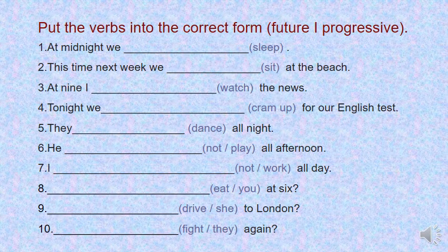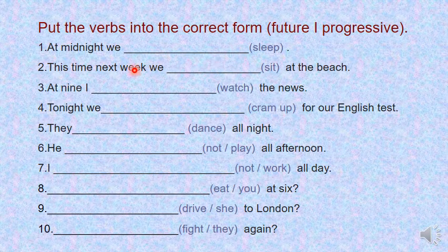Let's practice some sentences with the help of this exercise. Put the verbs into the correct form using future progressive formulas. You can see here in the parentheses verbs are given and we are going to use them according to the tense. Let's see sentence 1. At midnight we dash and the verb is sleep.